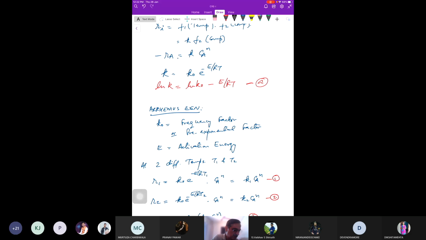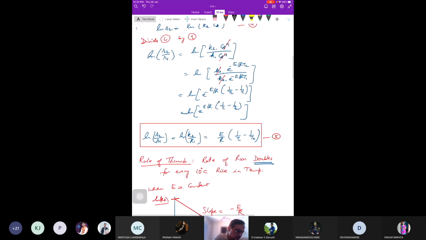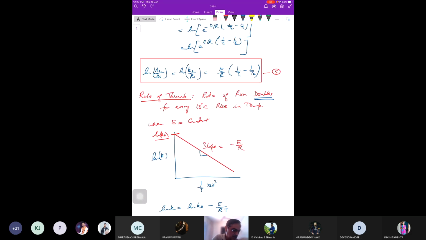If I plot this one, that means I'm plotting ln k on the y-axis and 1 by T on the x-axis. इसको मैंने अलग कर दिया. So if I plot ln k versus 1 by T, right?